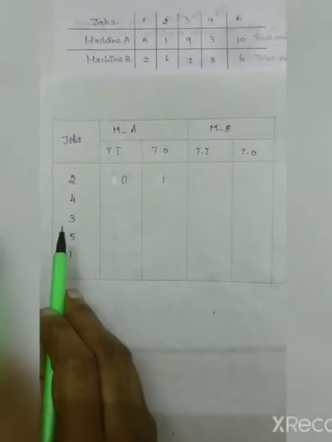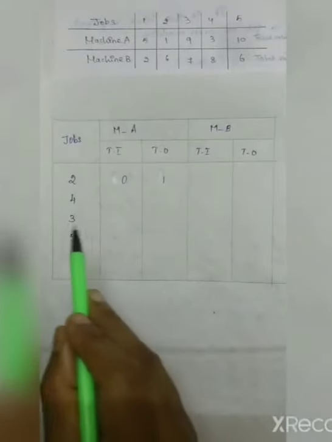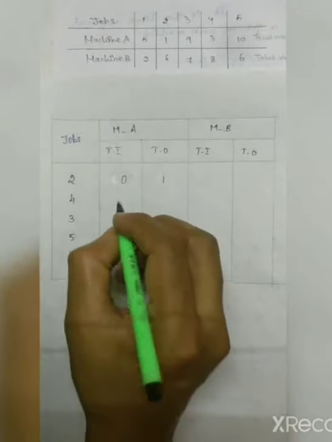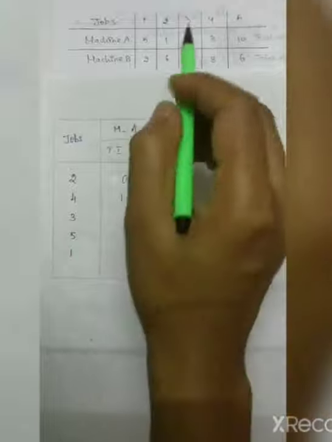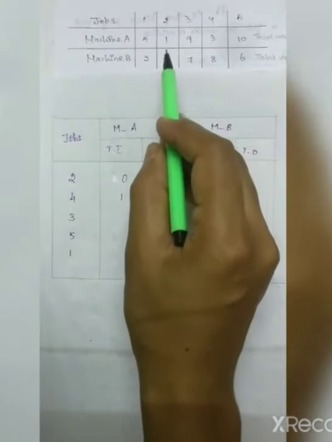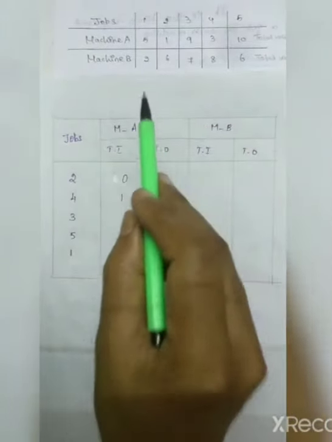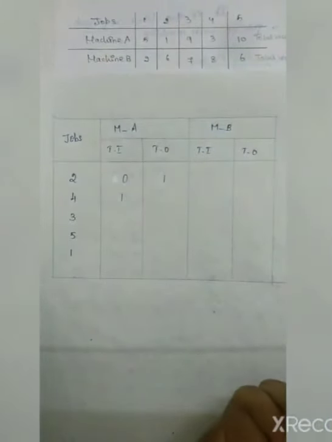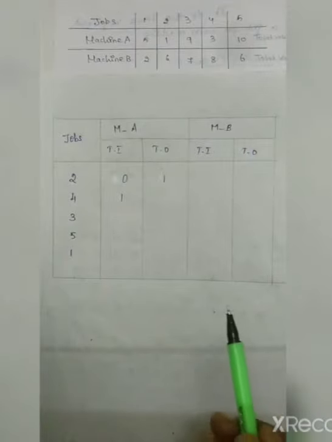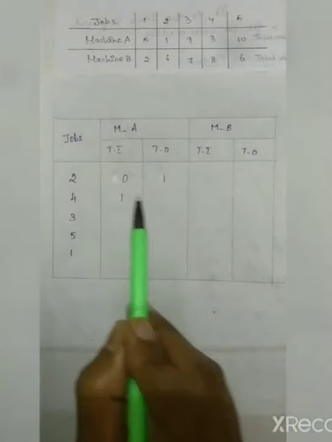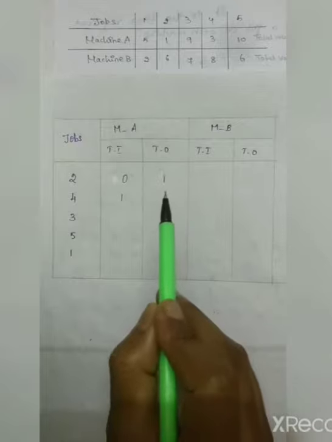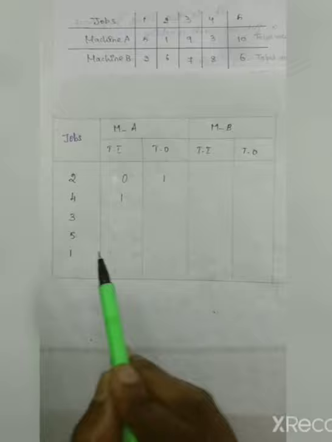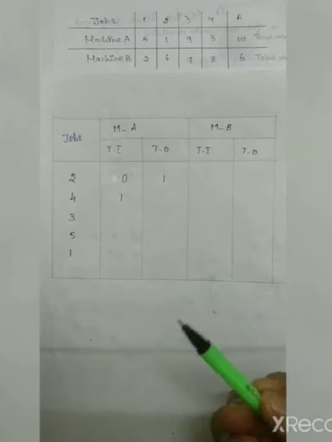Next we come to the fourth job. The fourth job's time in is the previous time out, because in machine A the second job takes 1 hour. Only after finishing this job can the next job come on the same machine. So the second job is over in 1 hour, and after this 1 hour the fourth job appears in the same machine.